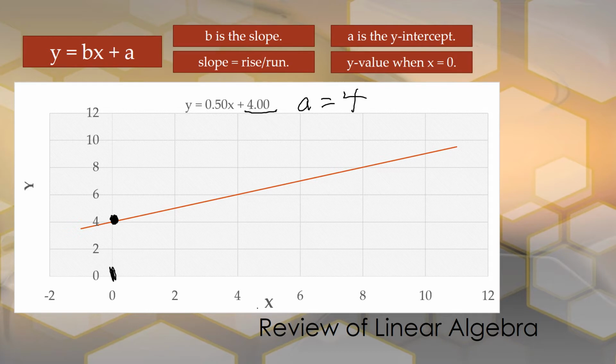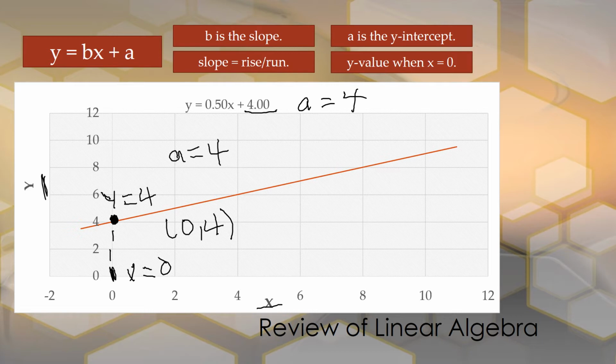This is x on this axis, and y is on this axis. So when x is 0, then y equals 4. If you want to write this in coordinates, it would be (0, 4). So that's how I know a equals 4. This is our y-intercept, right? So that's not too hard.